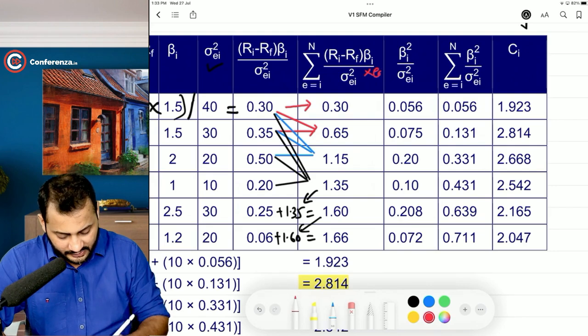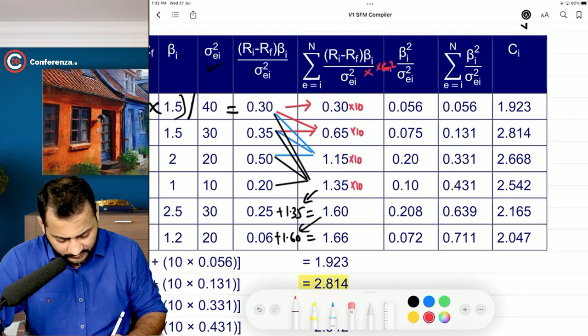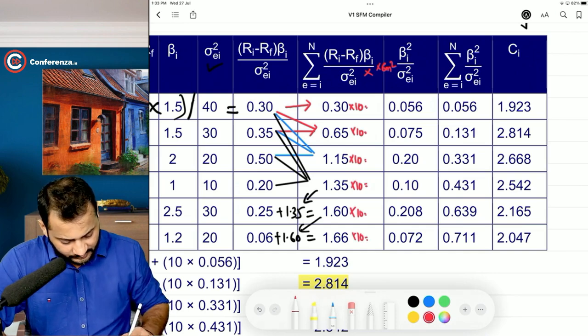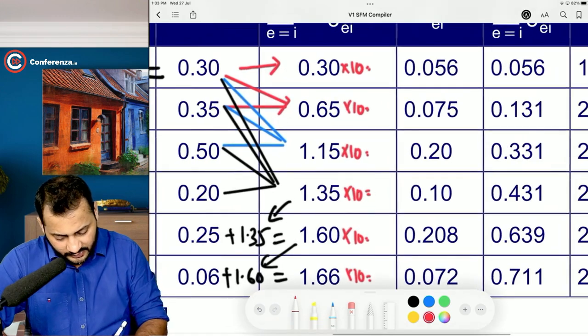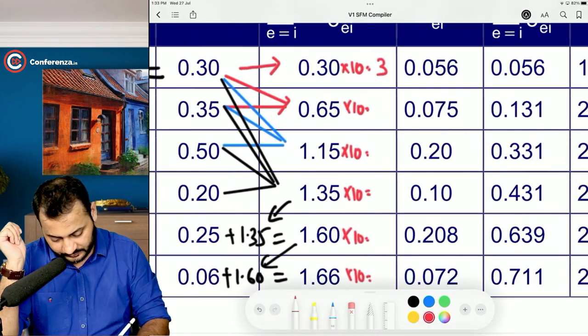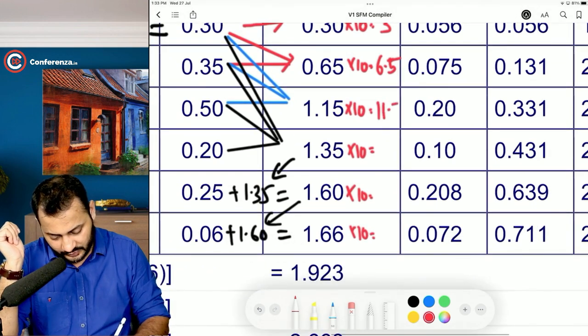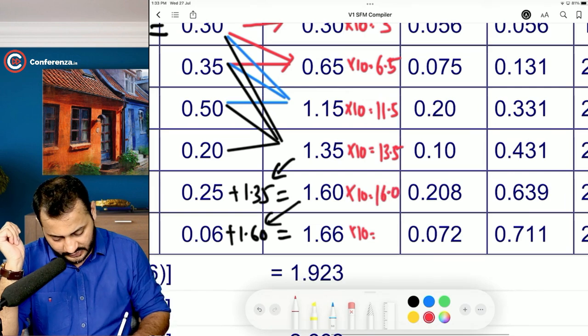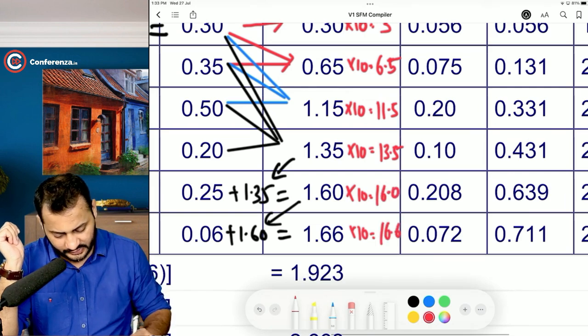Multiply it with the standard deviation of m square. So what is going to happen? Multiply it with 10. We are going to multiply all the figures with 10. That means multiplying it with the market variance. Let's write down the values. This will be 3, 6.5, 11.5, 13.5, 16 and 16.6.